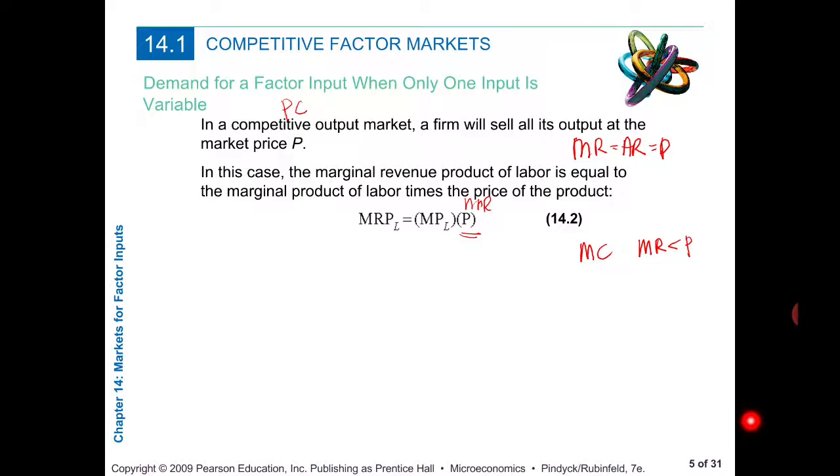So since MR is less than P, MRPL is MPL times MR. You can't replace it with P here.